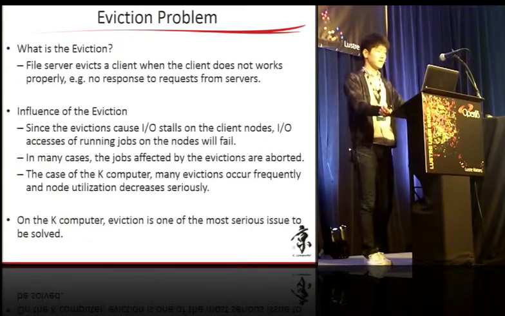In many cases, the jobs affected by the evictions are aborted. In case of the K computer, many evictions occur frequently and node utilization decreases seriously. On the K computer, eviction is one of the most serious issues.